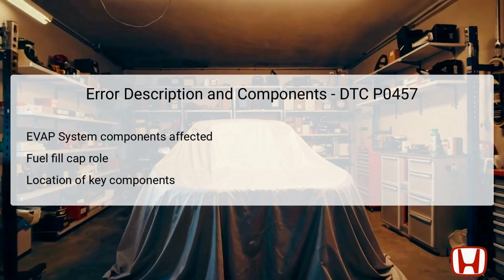The P0457 error is specifically related to the evaporative emissions control system, which includes various components such as the fuel fill cap, fuel lines, and EVAP canister. The fuel fill cap is critical as it seals the fuel tank, preventing fuel vapors from escaping.